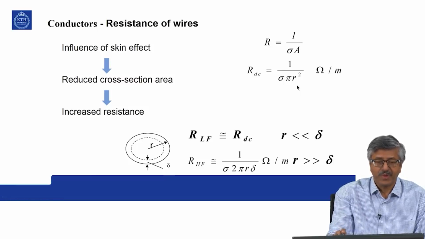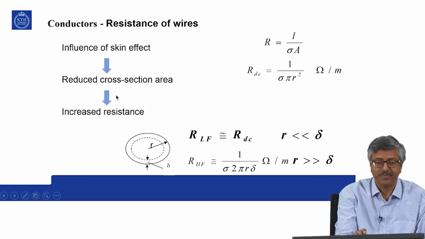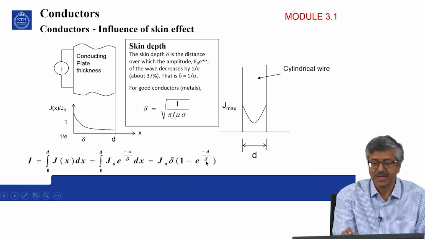Now, the influence of skin effect comes in this way: reduced cross sectional area, because as you go much higher in frequency, this delta, the skin depth, is much smaller compared to d.